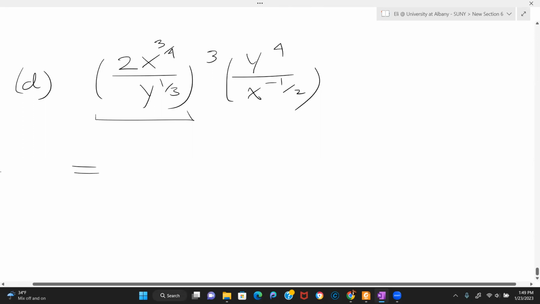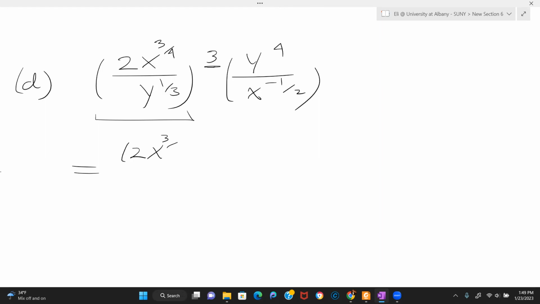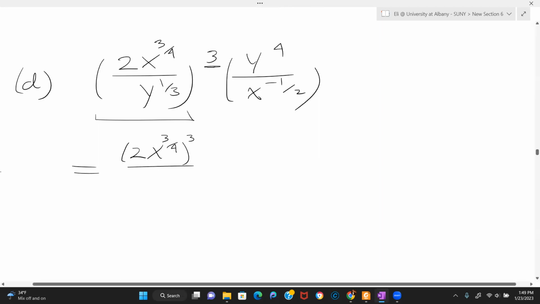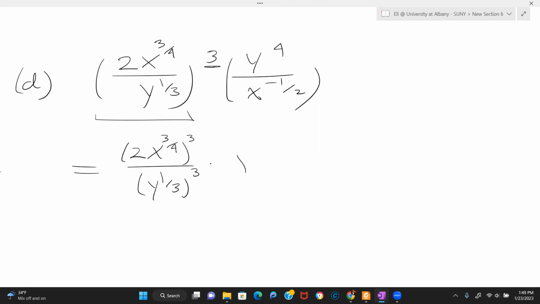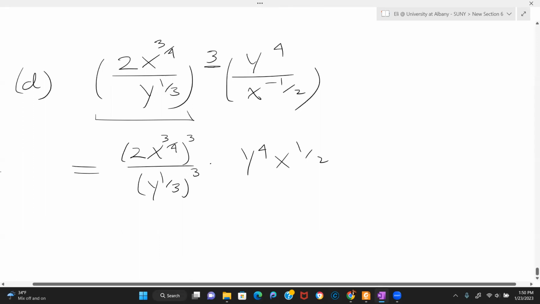We have this third power, so I can just take the third power of the numerator and the denominator separately. And then this will be y to the 1/3 cubed. And then this will be y to the 4th times x to the 1/2.